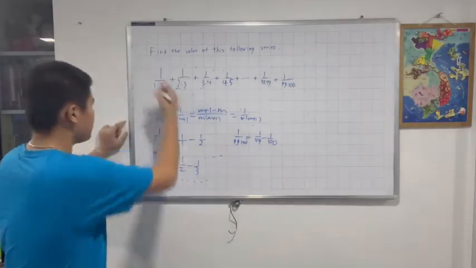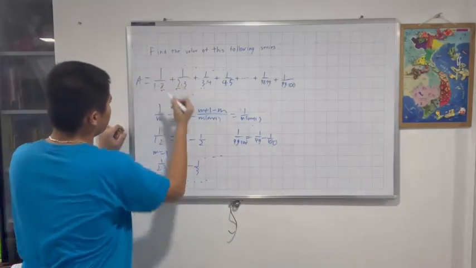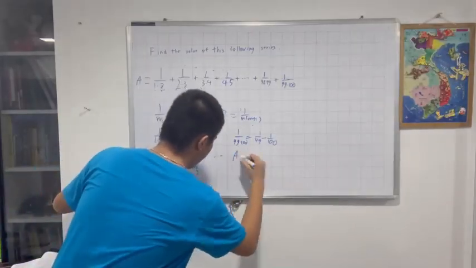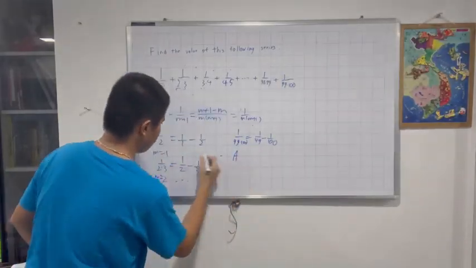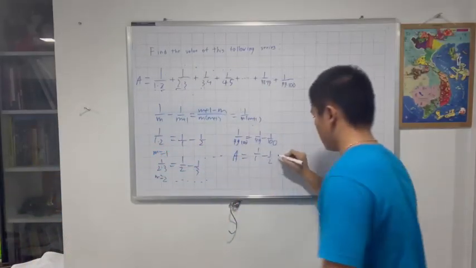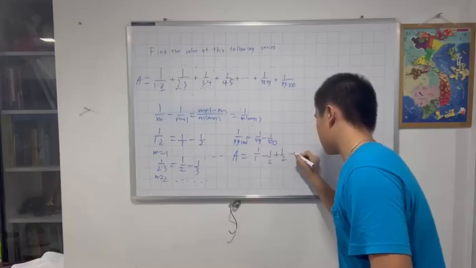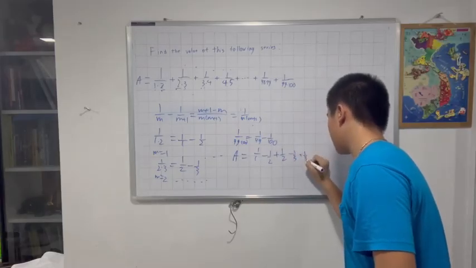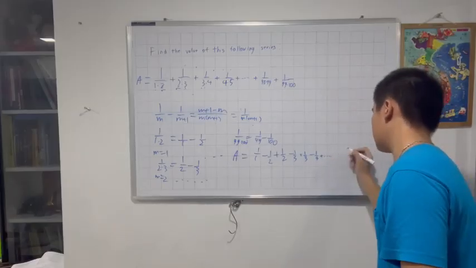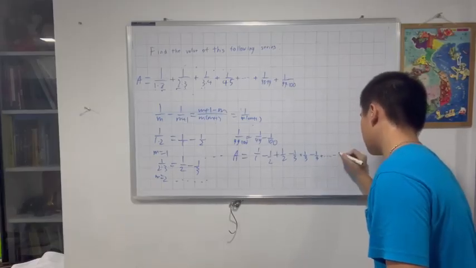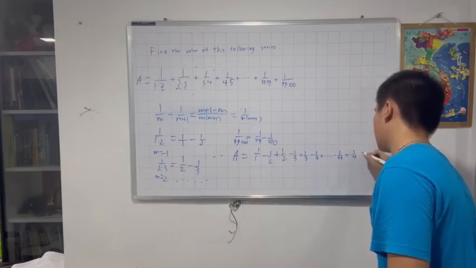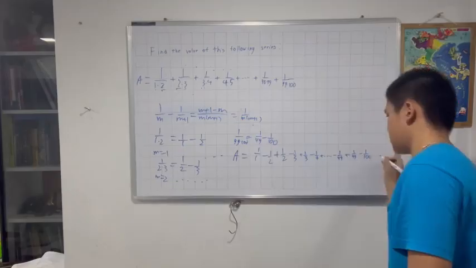So now, let's set this equal to a. The series a is equal to 1 over 1 minus 1 over 2 plus 1 over 2 minus 1 over 3 plus 1 over 3 minus 1 over 4, and so on until 1 over 99 minus 1 over 100 with the preceding plus 1 over 99, right?